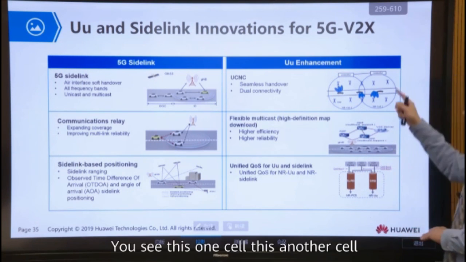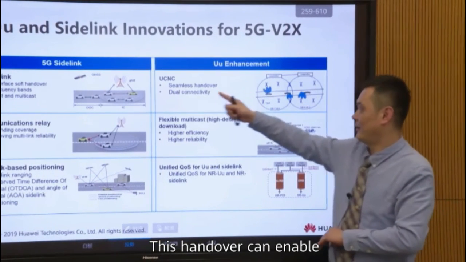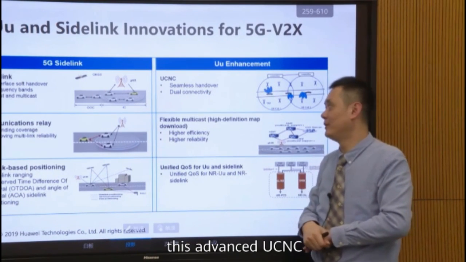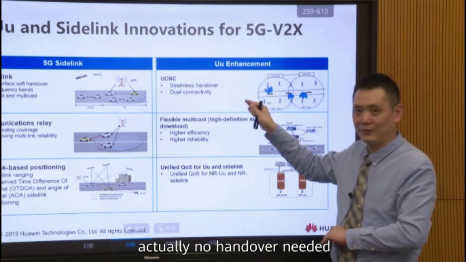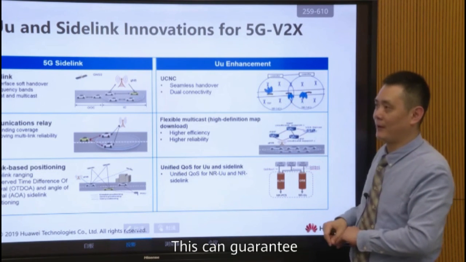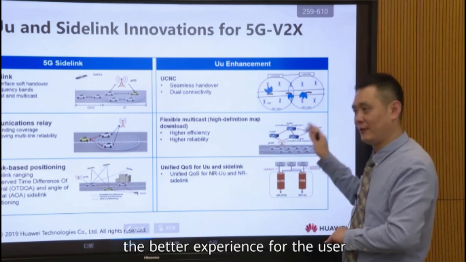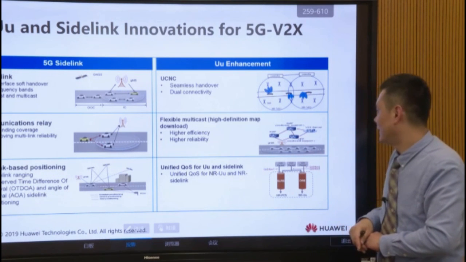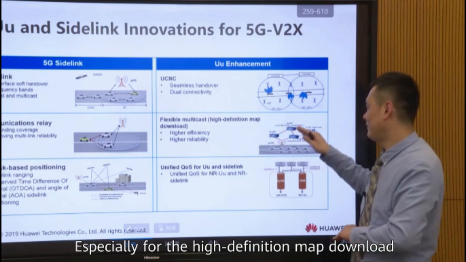UCNC: you see this is one cell, this is another cell. Handover can enable this advanced UCNC. It makes a seamless handover. Actually, no handover is needed. This can guarantee a better experience for the user. And flexible multicast, especially for high definition map download.